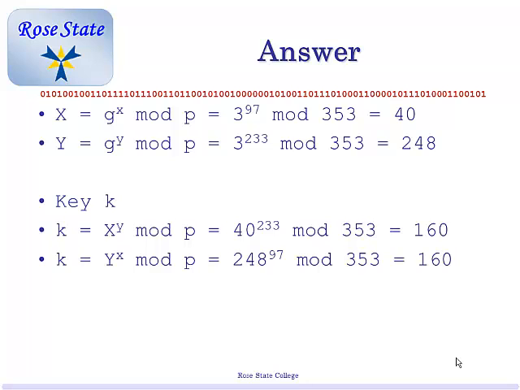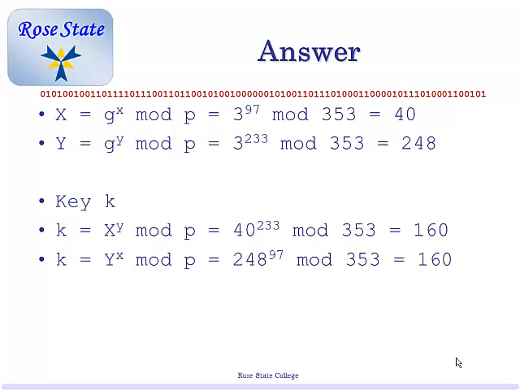Here, we take the 40. Remember, the 40 is the result of the half key. 40 raised to the 233, mod P gives us 160. And then the 248 raised to 97, mod P, gives 160, so they're the same. Very, very simple math. This is the entire math right here. Think of this as two different people, because you're seeing both sides of it.